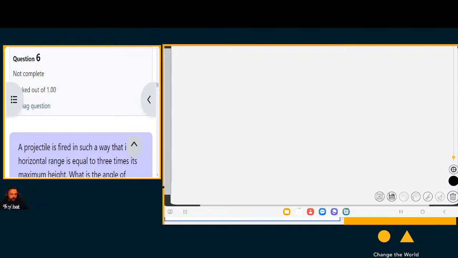Now, for the past week or so, you've done motion in one dimension and motion in a plane. So we'll be covering some problems on motion in one direction and motion in a plane. Question 6.